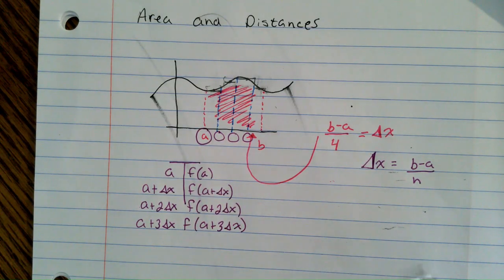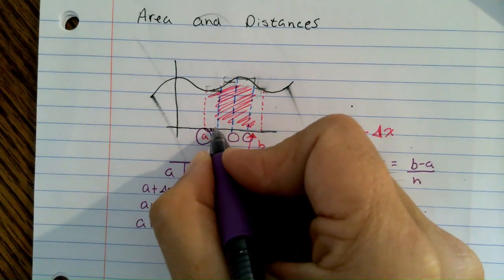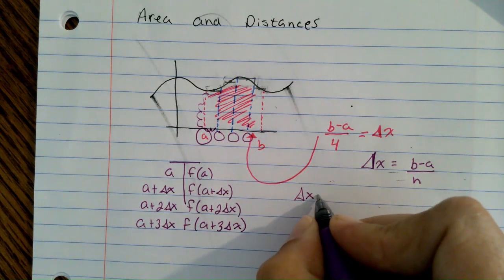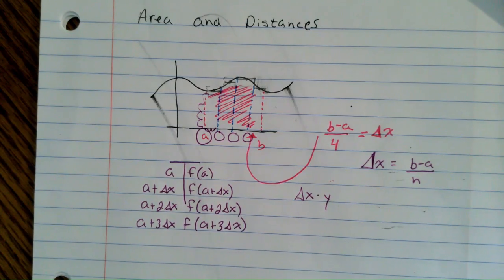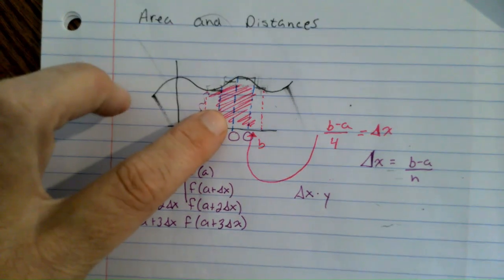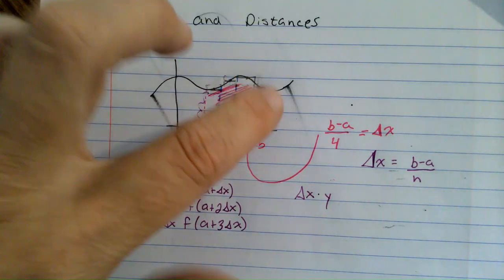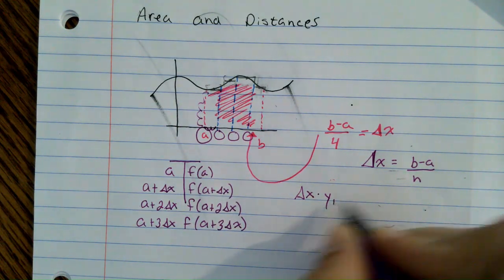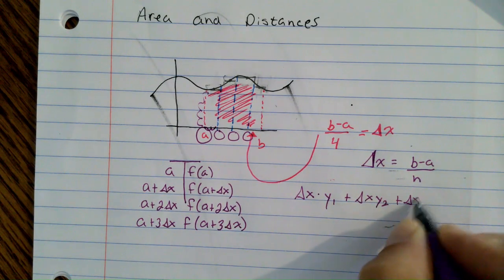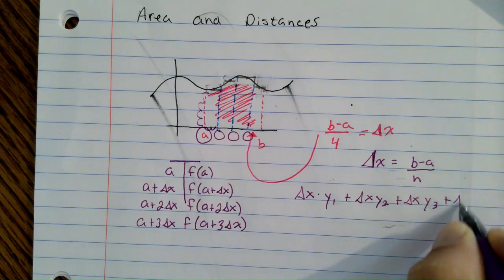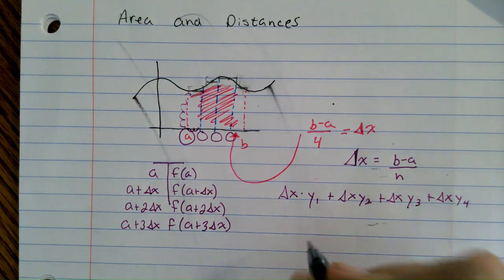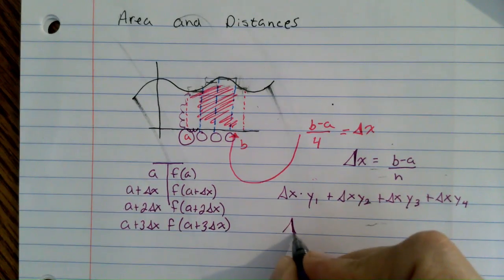Now to find the area of each rectangle, we take the width times the height, right? So delta x times our y value. Well, we'd have delta x times this y value plus delta x times this y value plus delta x times this y value plus delta x times this y value. Why multiply by delta x each time when we could do this?